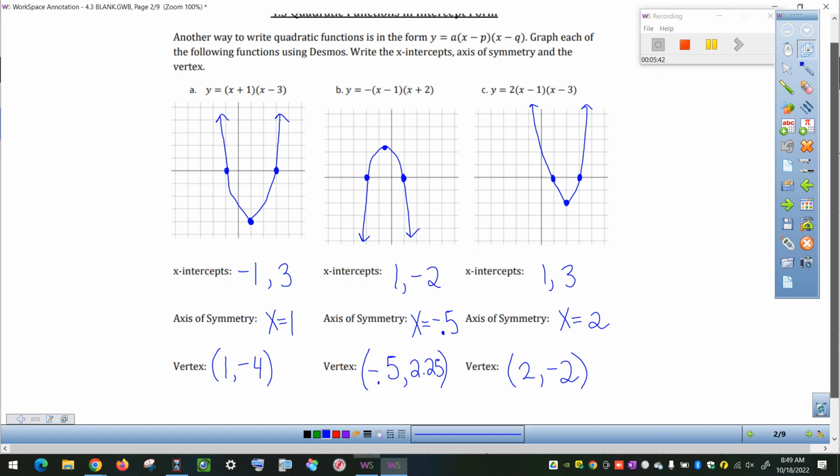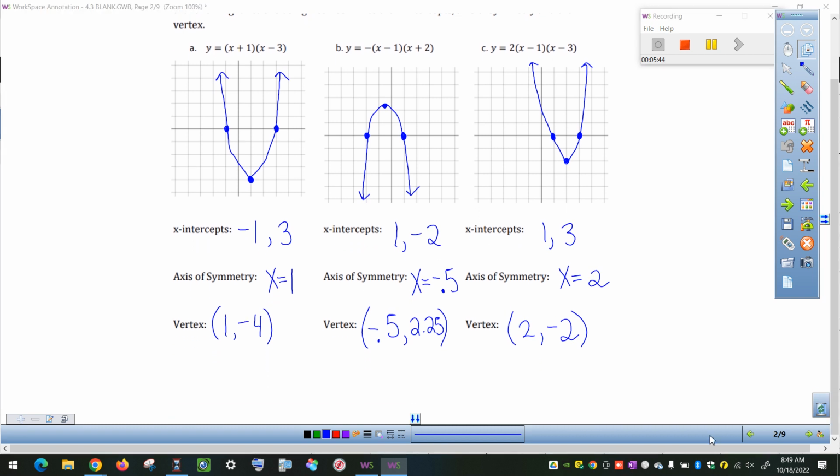And let's just take a look here at this screen for what we should have seen on Desmos. So for this first part, we're just typing it in. We're drawing the graph that we see. We're identifying some of these components just based on what we're seeing on the computer screen. So on the second one here, it looks like we had x-intercepts at +1 and -2.